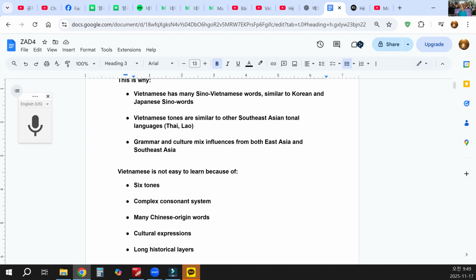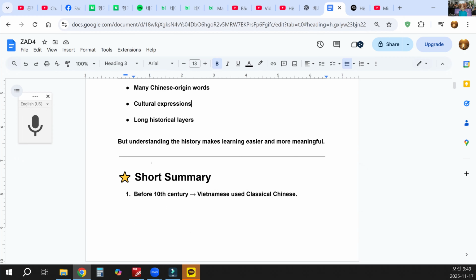Vietnamese tones are similar to other Southeast Asian tonal languages like Thai and Lao, and grammar and culture show mixed influence from both East Asia and Southeast Asia. Vietnamese is not easy to learn because of six tones, a complex consonant system, many Chinese-origin words, cultural expressions, and long structural layers. But understanding the history makes learning easier and more meaningful.